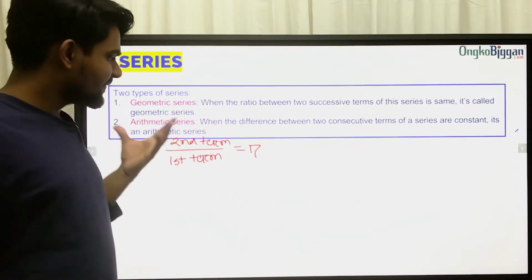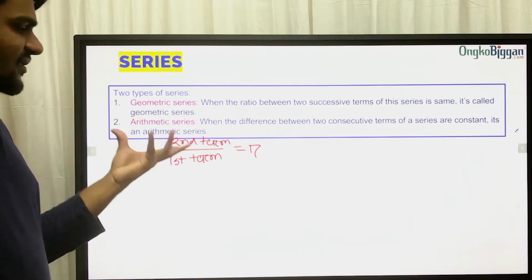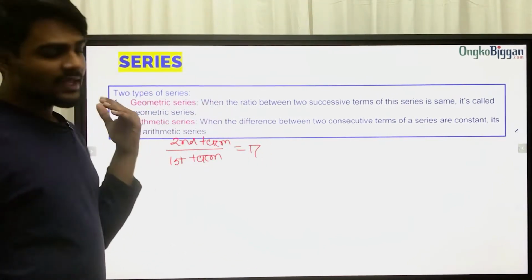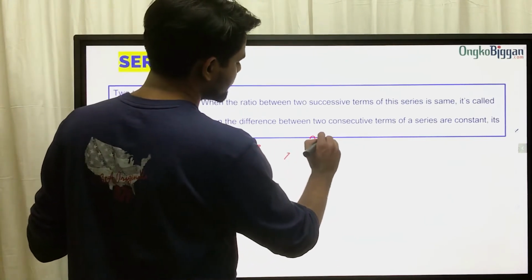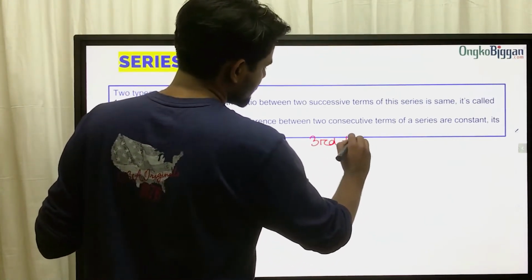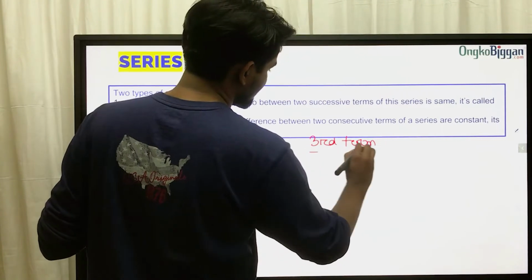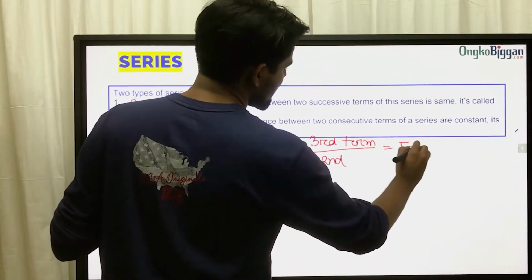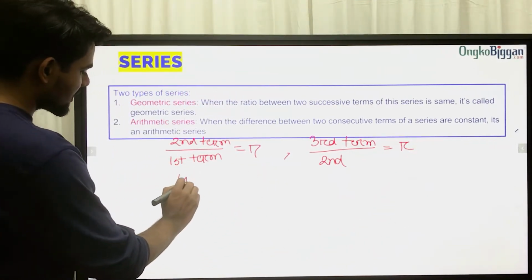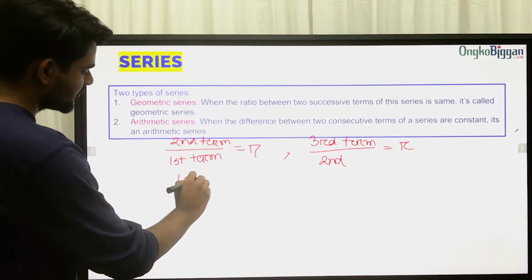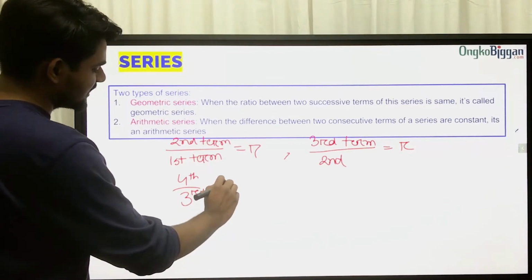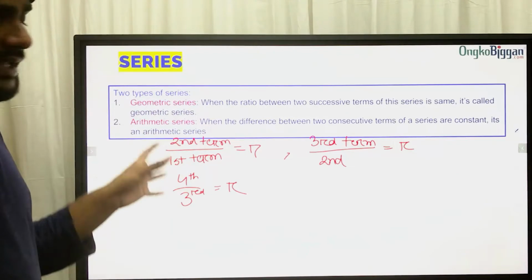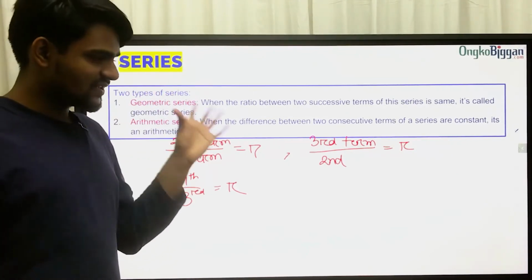In any such series, if we divide the second term by the first term, we get a ratio. Similarly, if we divide the third term by the second term, we will get the same ratio. Similarly, fourth term by third term, we get the same ratio. So all the ratios of consecutive terms are the same in a geometric series.